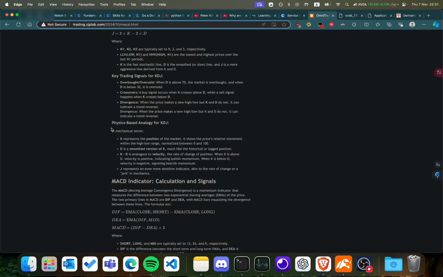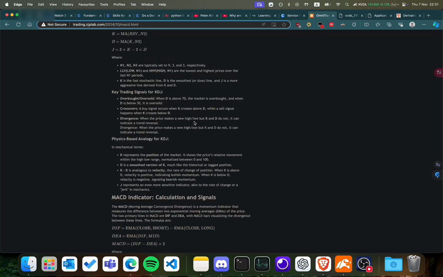If you do the reverse and find your acceleration is below zero, then it's pretty bad. So what about divergence? If the price makes a new high or low, actually this doesn't mean anything to us as of now because we don't get any signals of the velocity and acceleration.